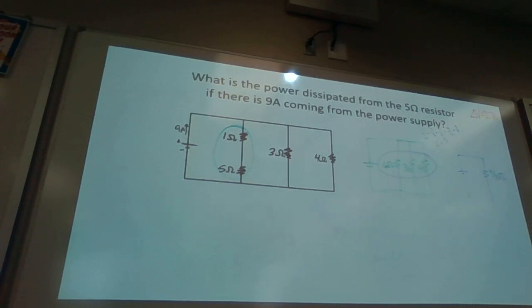Let's just look at it in decimal form. It's really close to 12. Just around 12. That's the voltage. Find the voltage. What's the power dissipated?